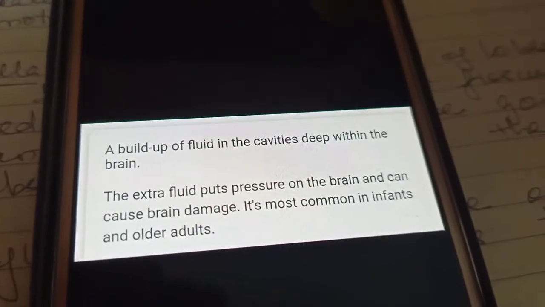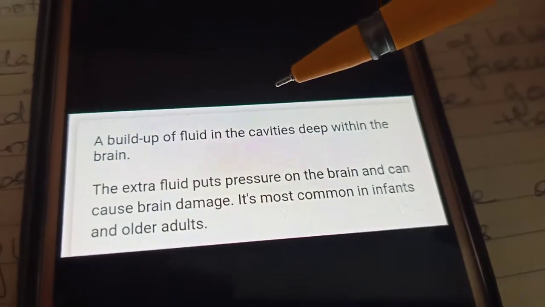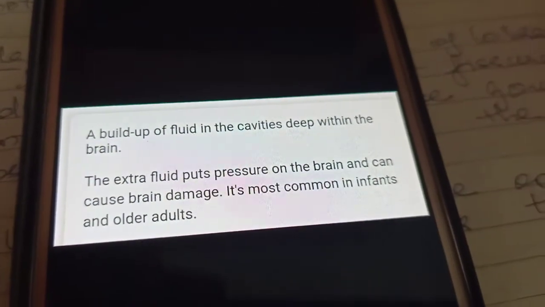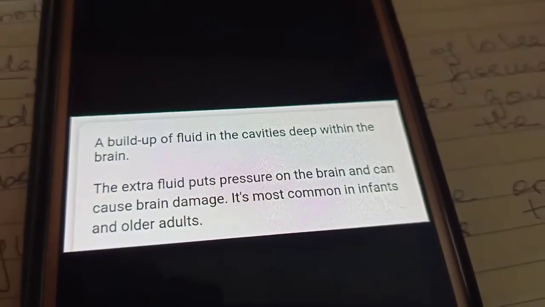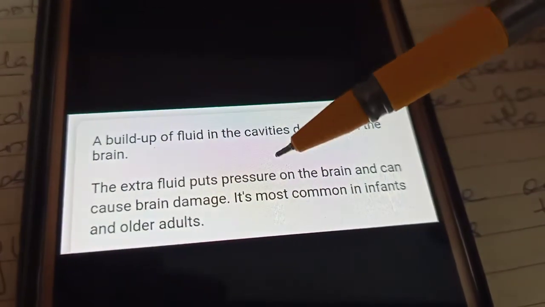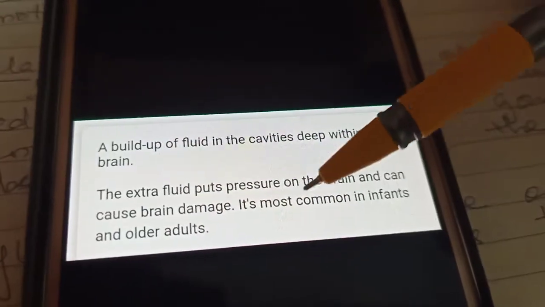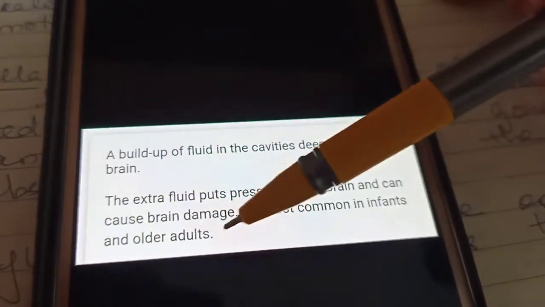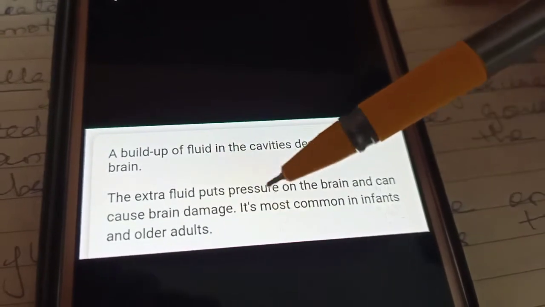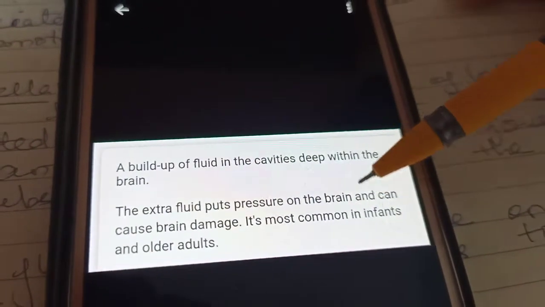It will fill the cavities, and the cavities will become enlarged, big in size. This extra fluid will put pressure on the brain and can lead to brain damage. It is most commonly seen in infants and older adults, in old age as well as in infants.